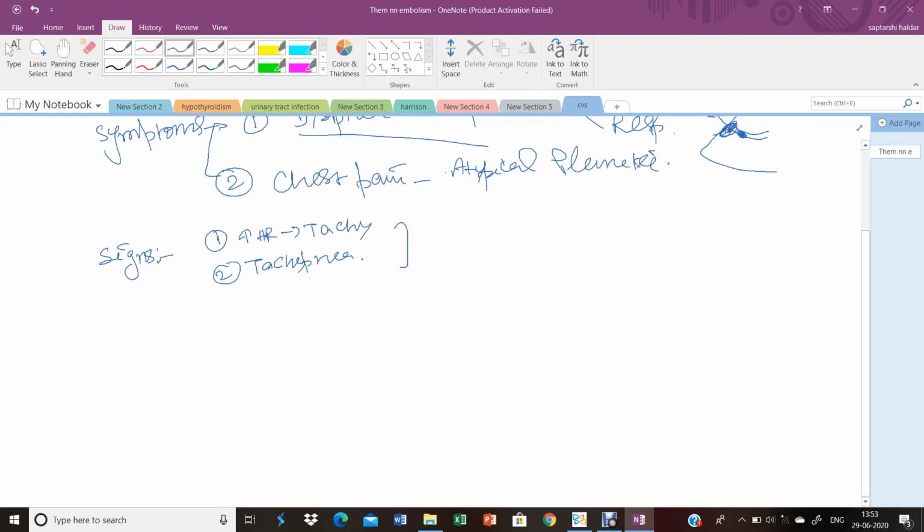Then we may see clinical features of right ventricular failure. What are the signs? JVP may be increased. We may see an S3 gallop, or we may see a left parasternal heave.